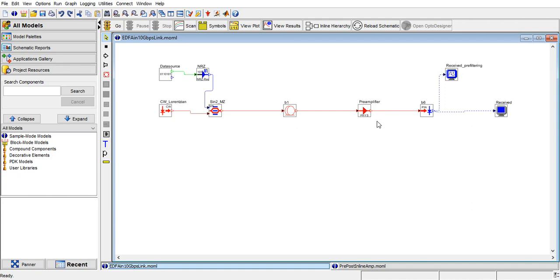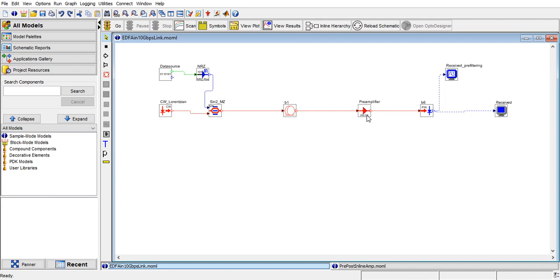Rather, in the optical domain we talk about optical amplifiers, and an optical amplifier is nothing but a very small part of a fiber, varying from 5 meters to probably 10 meters. This particular part of the fiber is doped with a different kind of material which gives it the capability of amplification.